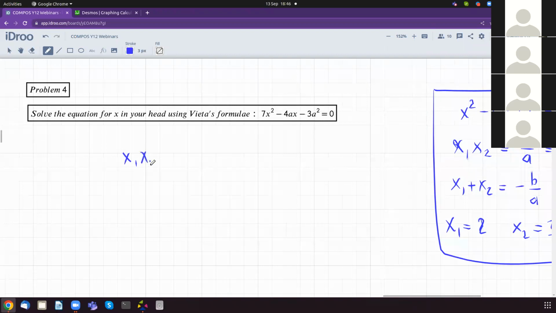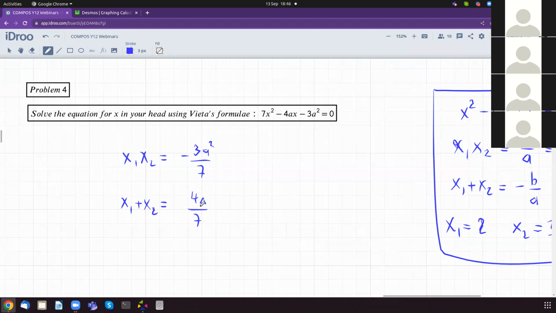x1, x2. The product is minus 3a squared over 7. And x1 plus x2 is going to be 4a over 7. Okay.